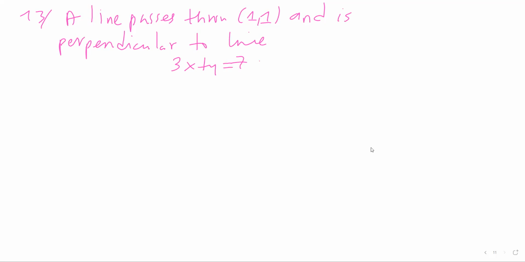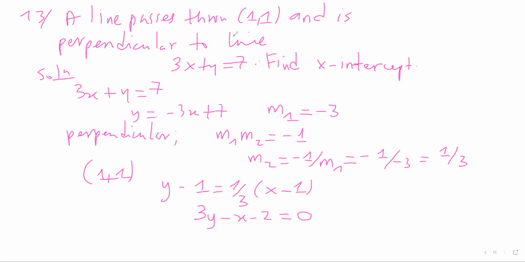So we want to find a line that passes through the point (1, 1) and is perpendicular to the line 3x plus y is equal to 7. And then we want to find the x-intercept. So 3x plus y is equal to 7. We can write it as y is equal to minus 3x plus 7. And that means that the gradient is minus 3.